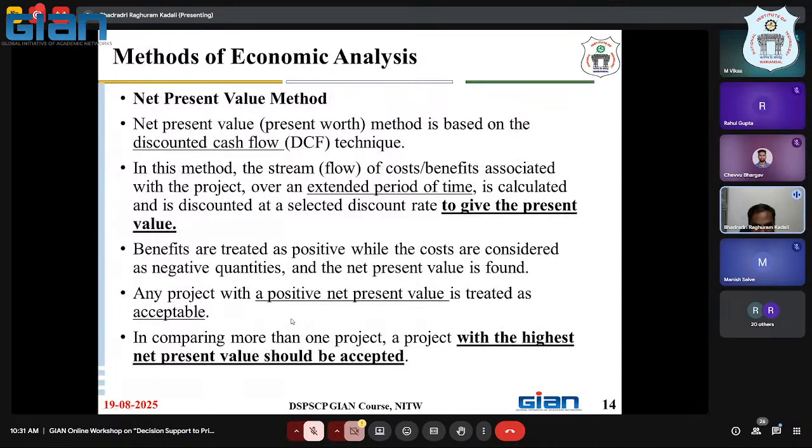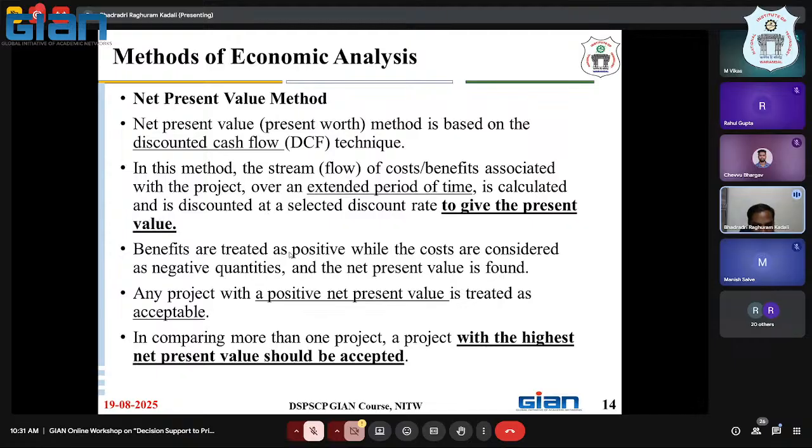Then we have the NPV method, that is the net present value method, which we already discussed in yesterday's example. This net present value, that is the present worth method, is based on discounted cash flow techniques. In this method, the stream of costs and benefits associated with the project over an extended period of time has to be estimated to give current or present values.